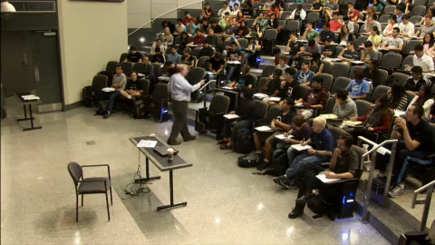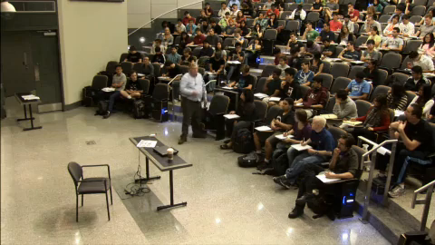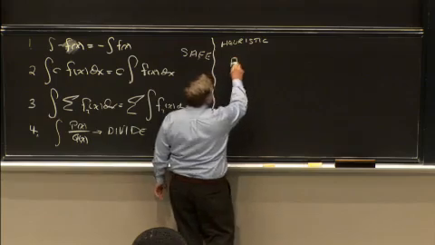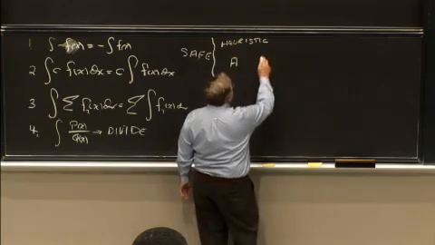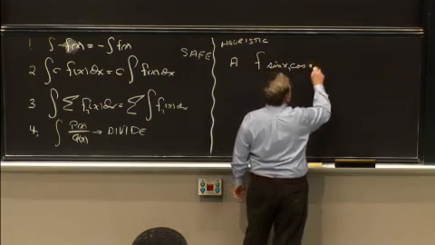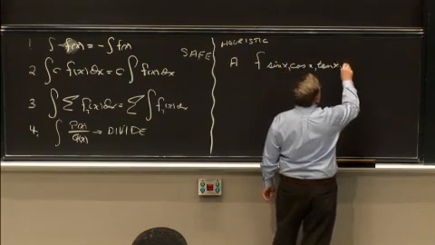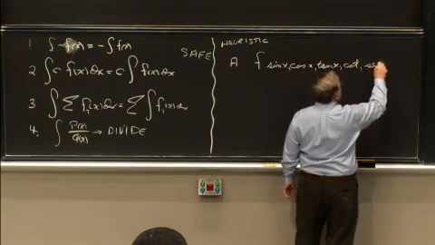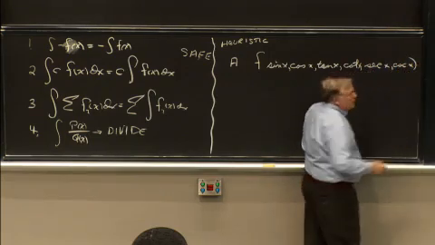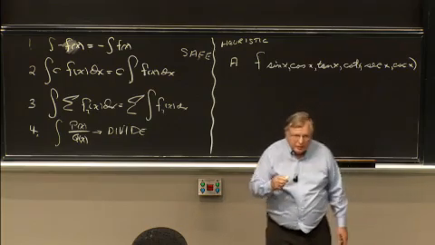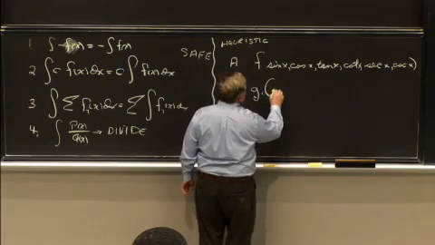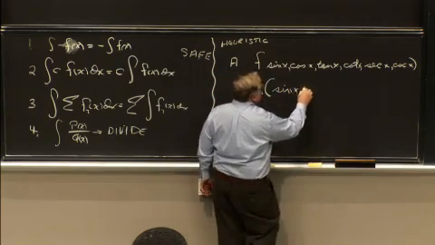So you said some kind of trig substitution. So here is some kind of trig substitution. We'll call this heuristic transformation A. You have a function of sine x, cosine x, tangent of x, cotangent of x, secant of x, and cosecant of x. And we all know from high school trigonometry that we can rewrite that as a function of sine x and cosine x.